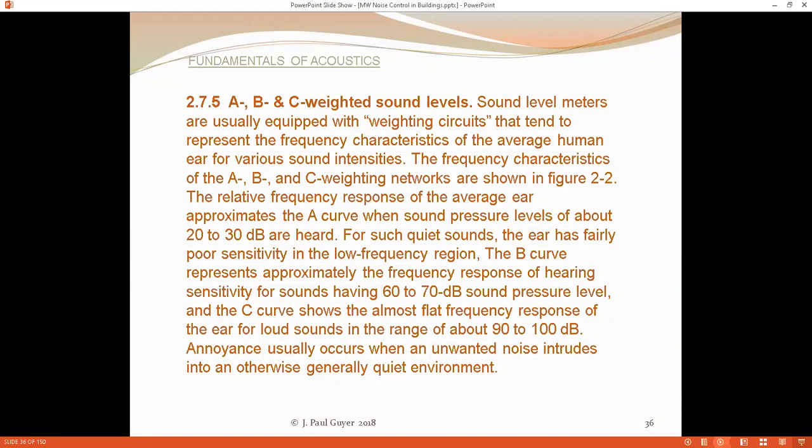A very common type is a handheld device, and you go into the source room and measure the sound level with the sound level meter.